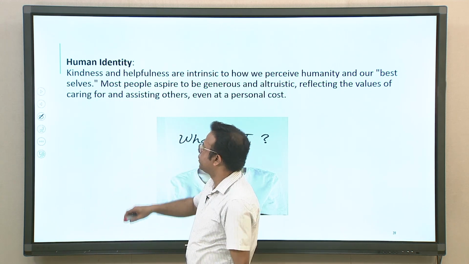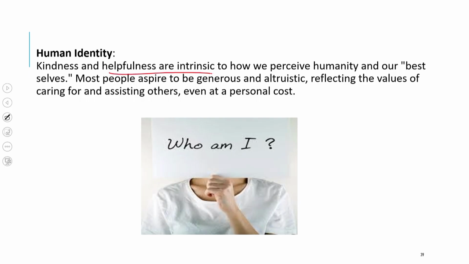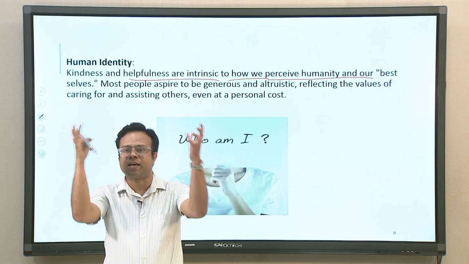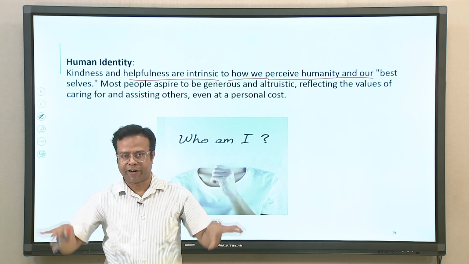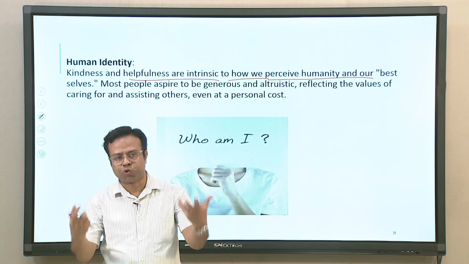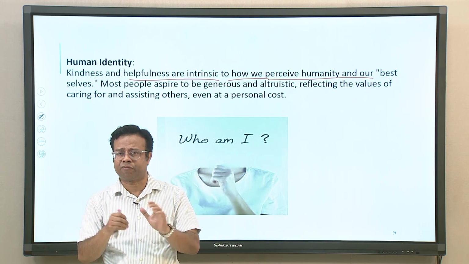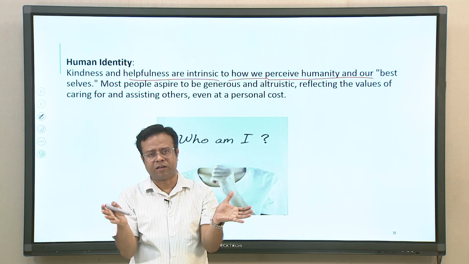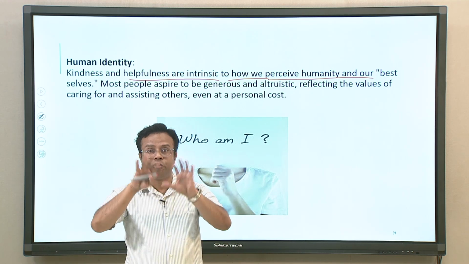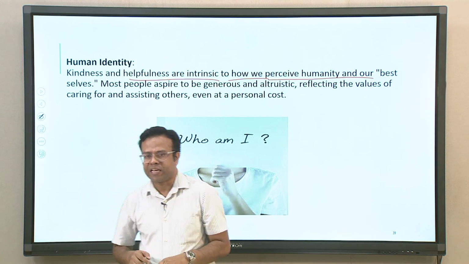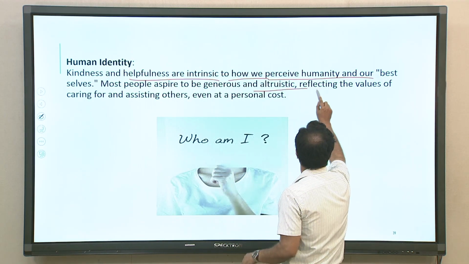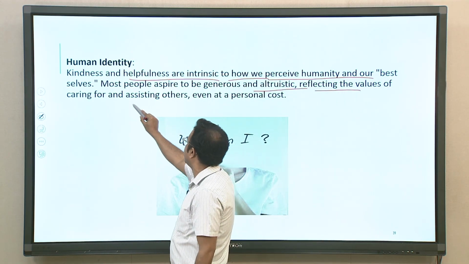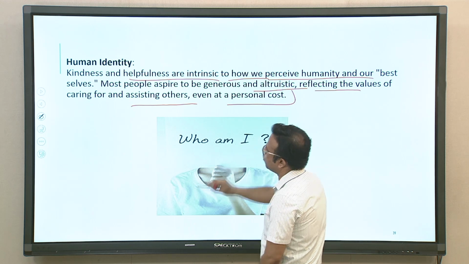When we talk about human identity, kindness and helpfulness are very intrinsic to how we perceive humanity and our best selves. This is idealized in a collective context. Kindness and helpfulness should be there within all individuals; this is what is expected from everybody. So most people aspire to be generous and altruistic, reflecting the values of caring for and assisting others even at a personal cost.